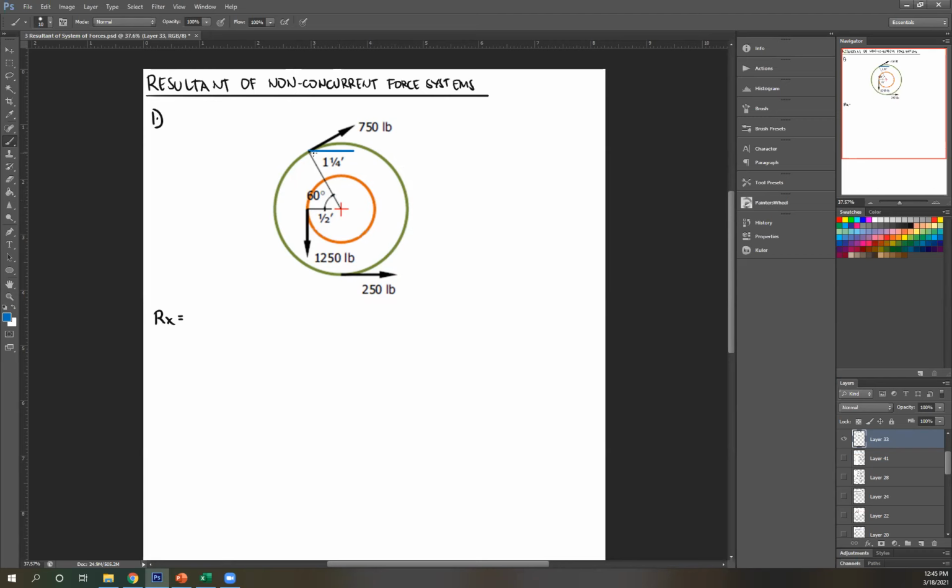So this is 60, therefore this is 60 as well. I remember our equations where x component is F cosine theta and F y is equal to F sine theta. Theta should be taken from the x-axis. So I want to get this angle.